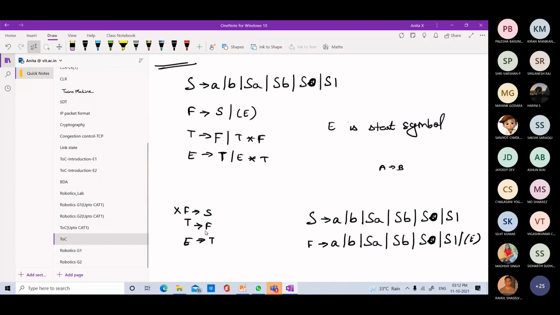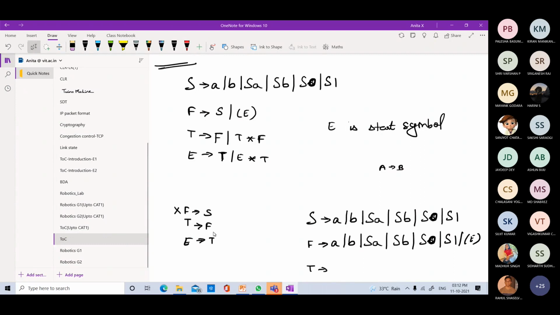Next we have to move on here. T derives F. So what should we do? We have to proceed with eliminating. If I want to eliminate this unit production, I have to place the productions of F here.